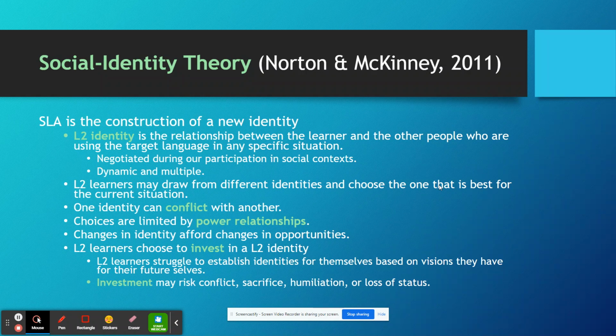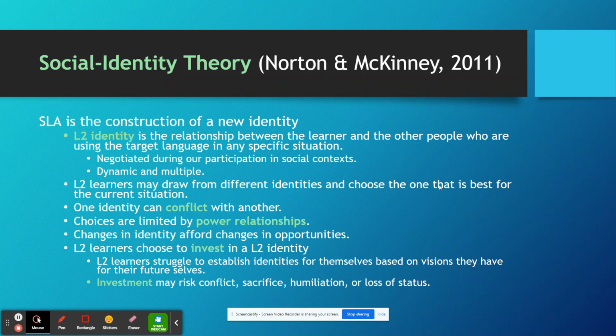defines identity as the relationship between an individual and a society. For language learners, identity is the relationship between the learner and the other people who are using the target language in any specific situation. So please note that this does not mean that when we learn a new language, we lose our original identity.